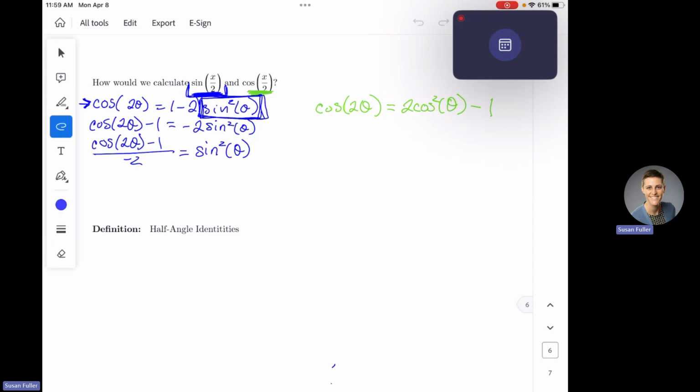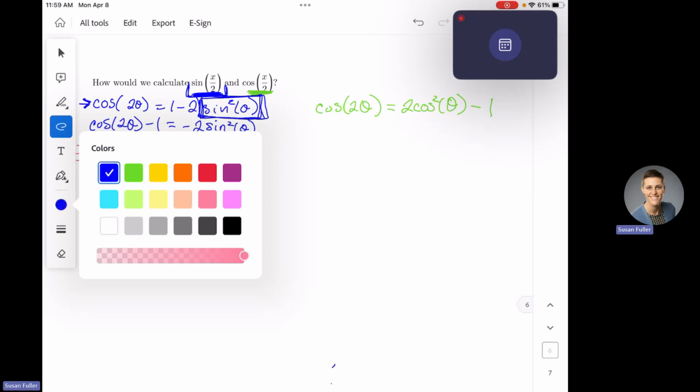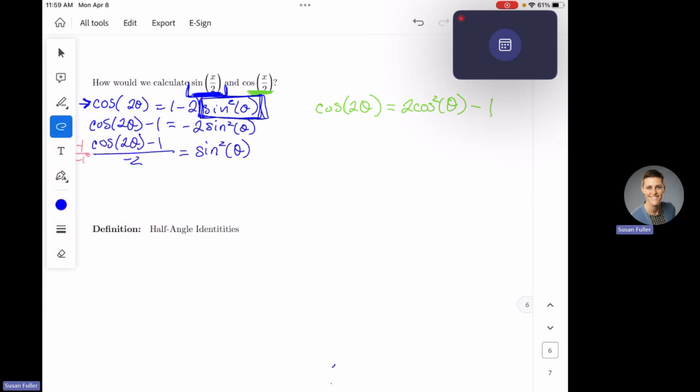I think that might be a little bit more clear for a lot of people's brains. So I'm going to multiply by negative 1 over negative 1. Negative 1 over negative 1 is just 1, so I'm not changing the value. I'm just making it look a little different. So I'm going to get negative cosine of 2 theta plus 1 all over a positive 2. That's going to be sine squared of theta.